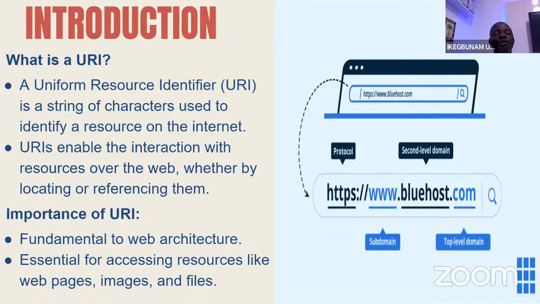The response can be not found, which means the resource you are looking for is not found. The response could be 200, which means the processing of your request went successfully, and many others. The response can as well be 500, which could be a server error and not a client error. So one benefit of Uniform Resource Identifier is that it is fundamental to web architecture.